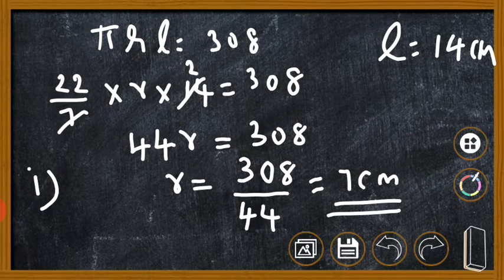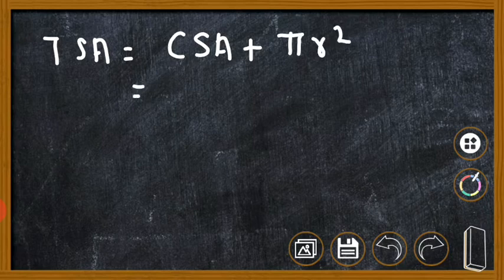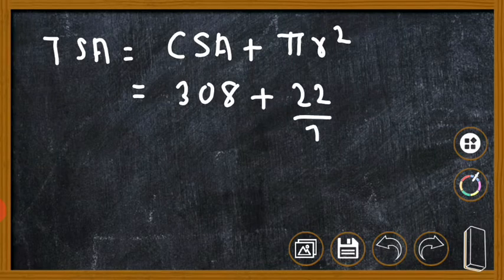And one more question, it is the total surface area of the cone. Okay, we know that the total surface area of the cone is equal to CSA plus the base area. Actually CSA is given in the question itself, meaning 308 plus pi r square. That part you have to calculate. Pi value 22 by 7.